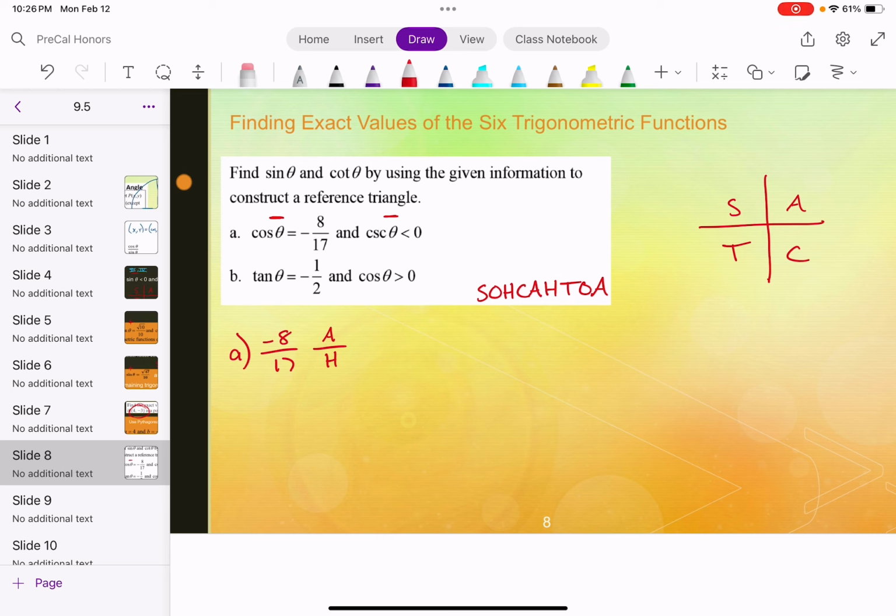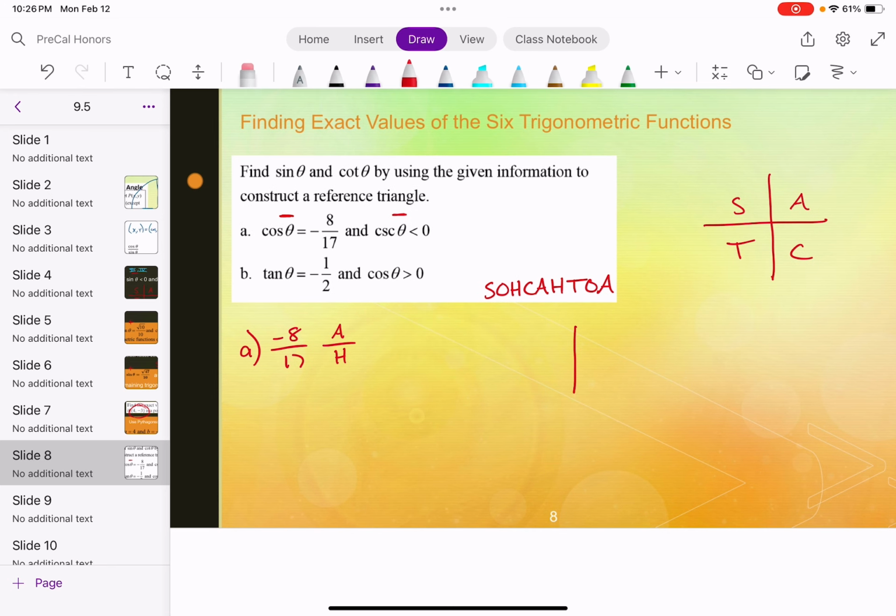Cosecant being negative would have to be 3rd or 4th. So we would be looking at the 3rd quadrant. Now we know that theta will be in this corner over here. 90-degree angle would be in this corner.